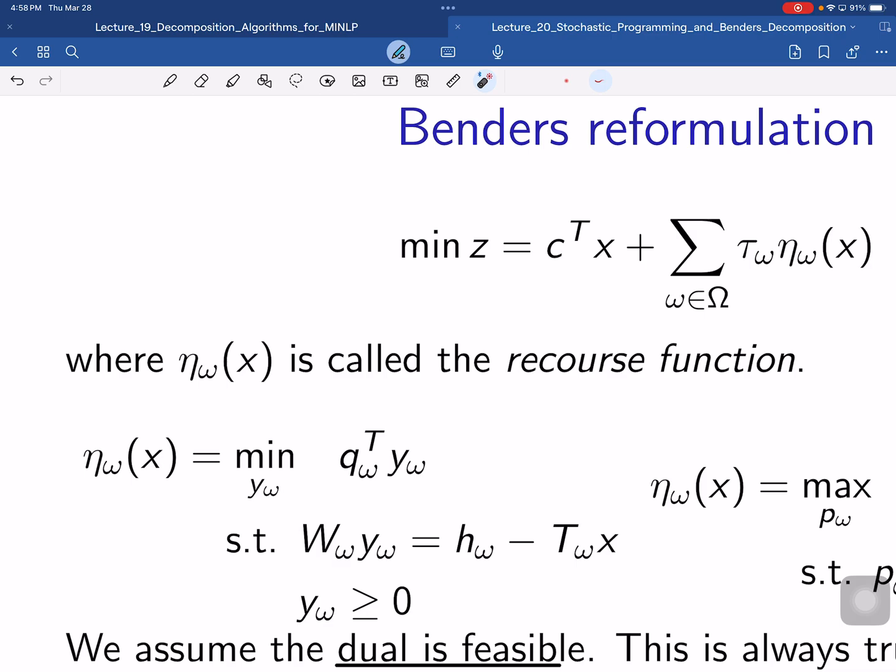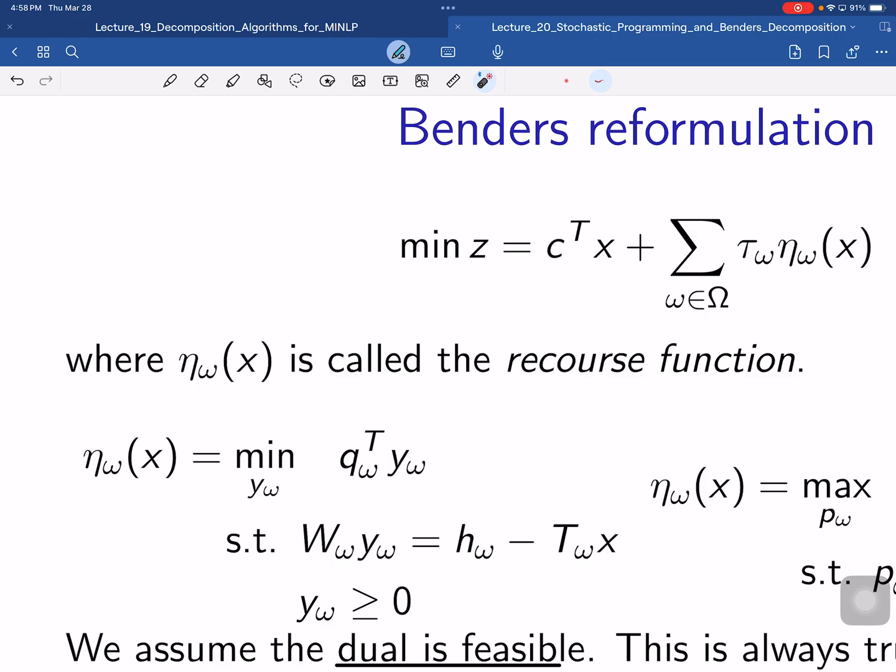The way to interpret this eta function is as a recourse function. Once you are given an x, let's say a fixed x, this recourse function gives you the minimum of the second stage cost for each scenario. Again, you want to minimize over x to minimize the expected cost in the second stage.